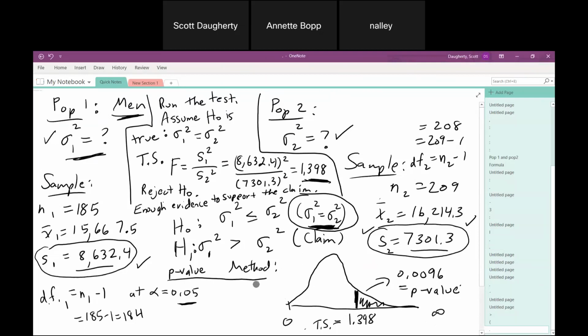All right, so then finish this off. You compare the p-value to alpha. So alpha was 0.05. You can see the p-value is less than alpha. This number's smaller than this one, right? And if the p-value is smaller than alpha, then you reject the null hypothesis.